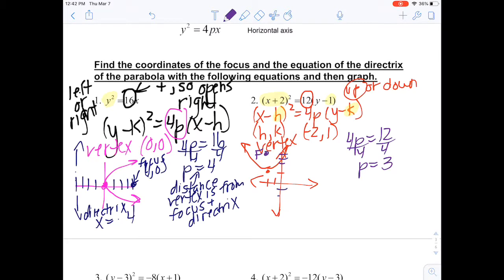Go down 1, 2, 3. There's my directrix. All right, so my directrix, that's a horizontal line now, so that's going to be y equals -2. The focus was this point up here, and that was the point (-2, 4).